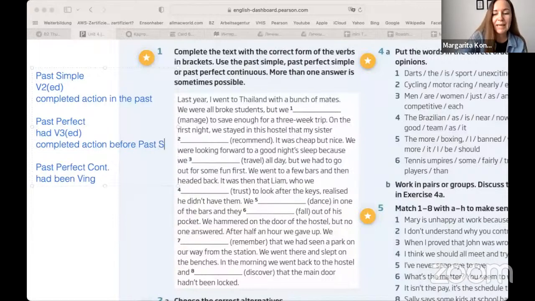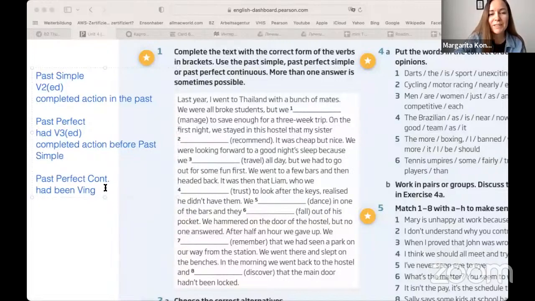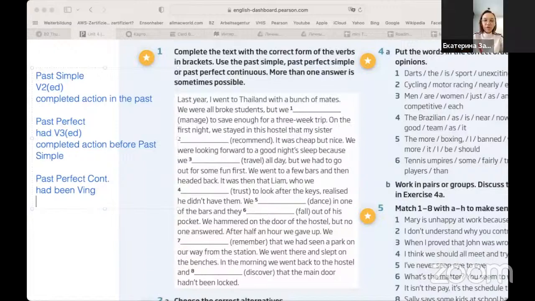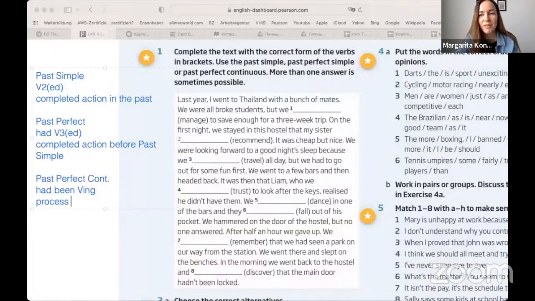Yes, I agree. And past perfect continuous, that is a prolonging action in the past. Yes, I'll write process. But what's the thing? When did this process or this long action finish? It finished in the past, and it is before past simple.